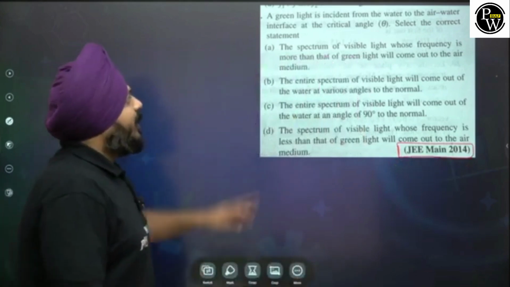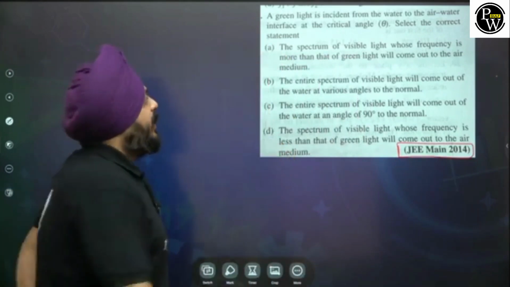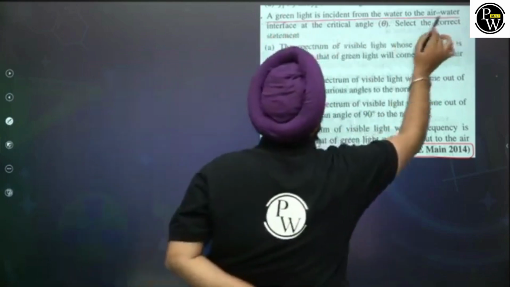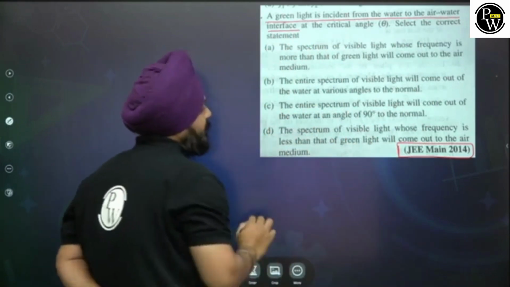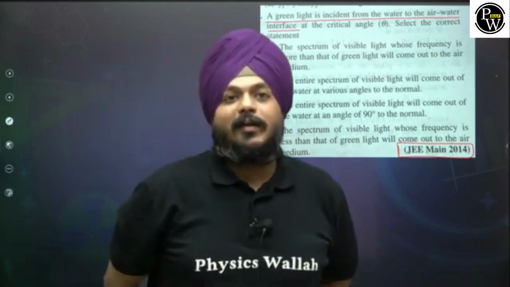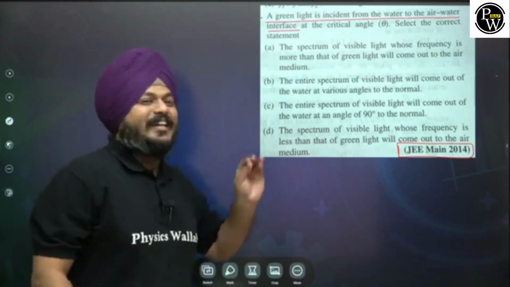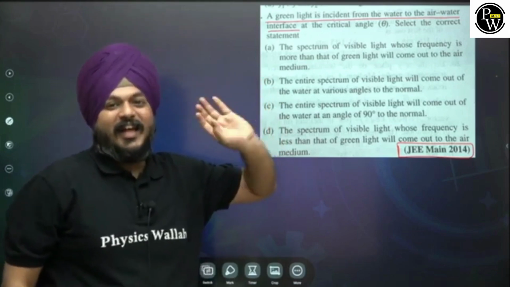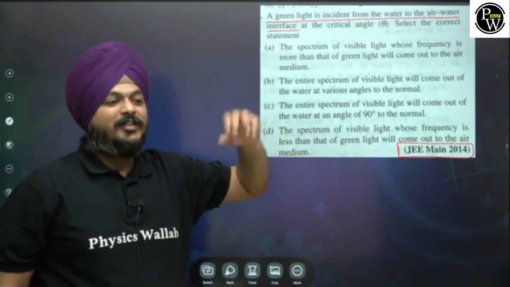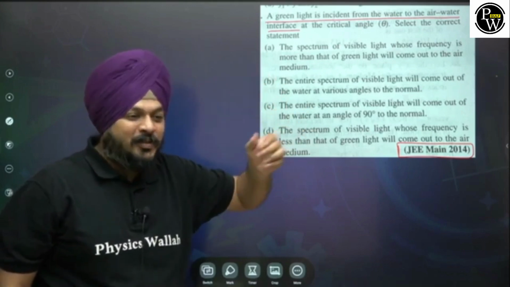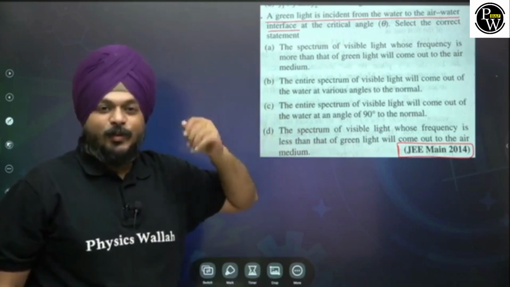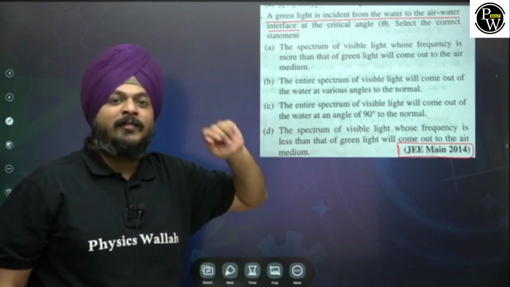Green light is incident from water to the air-water interface. Generally in the maximum number of questions, the white light is getting incident at the surface, and things happen, whether refraction, total internal reflection or dispersion, but we always deal with white light.